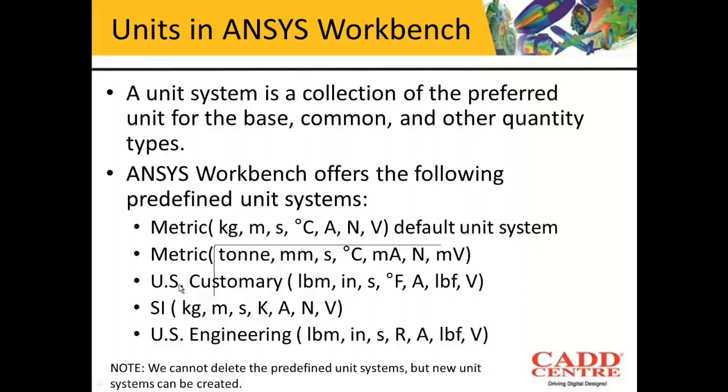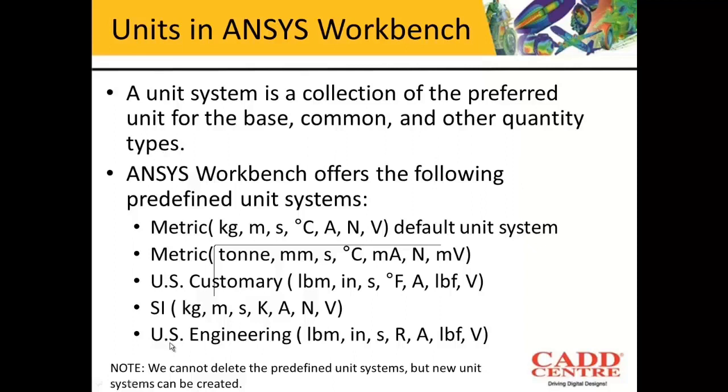And we also have another unit system which is US customary, where the mass will be in lbm, length is in inches, seconds, degrees Fahrenheit, amperes, force will be in lbf, and the volts. Then we have one more unit system, the SI unit system, where these are the quantities like kgs, meters, seconds, kelvins, amperes, newtons, and volt.